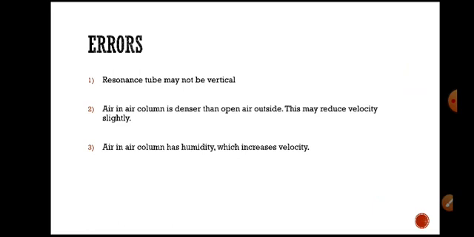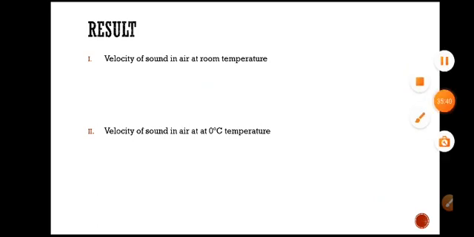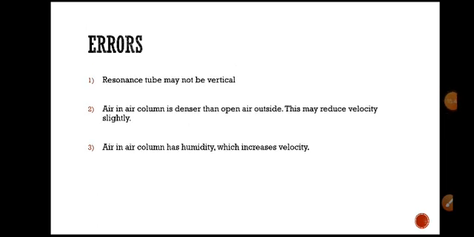If the air in the air column has humidity, it increases the velocity. If the humidity is more inside the air column, then it increases the velocity. So these are the errors that occur. If you don't put the vibrating tuning fork exactly horizontal above the open top of the pipe, then errors occur.